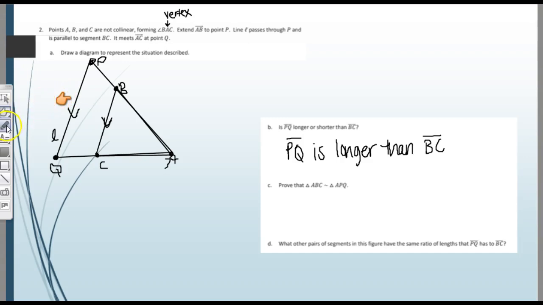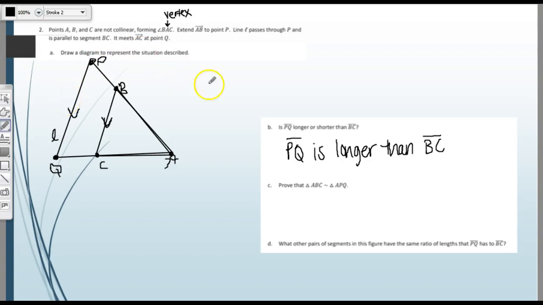Yes, technically a dilation occurred because A is your center of dilation, B moved the same distance along to P, and then C moved to Q, the ratio is the same. Do you remember when we did this by hand, where we created the line that was parallel, what was that called?